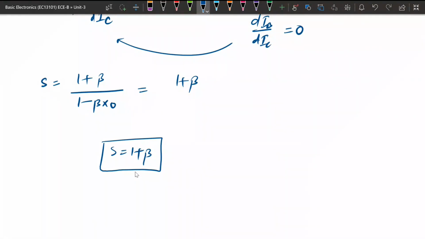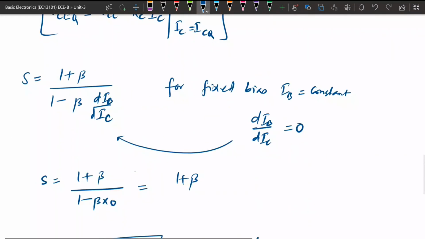If S is 1 plus beta, it implies that this technique is an unstable technique. Whatever biasing we are going to use, it is going to create an unstable system, because for a stable system the S value should range between 1 and 1 plus beta.